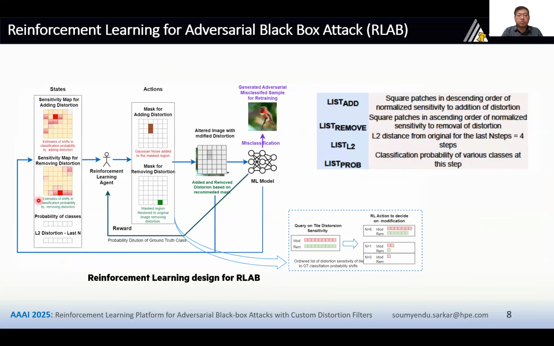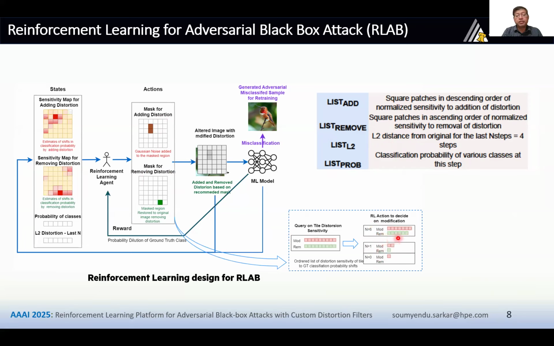Now, this shows a little bit of detail on how we estimate the sensitivity map of adding distortions and removing distortions, which feature in the states, and based on that, the actions are taken to add or remove distortions. One of the hyperparameters is the maximum number of blocks to which distortion can be added, which we try to limit.